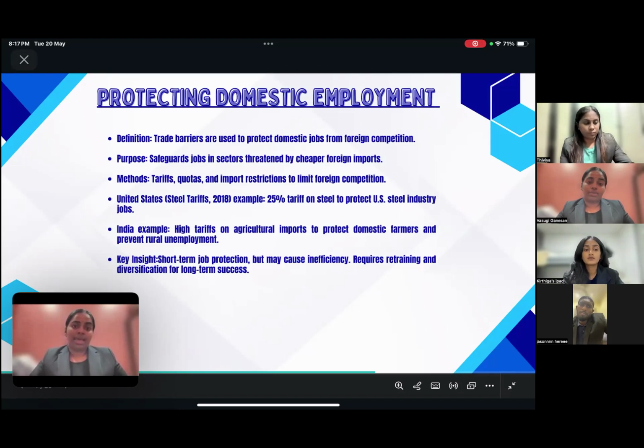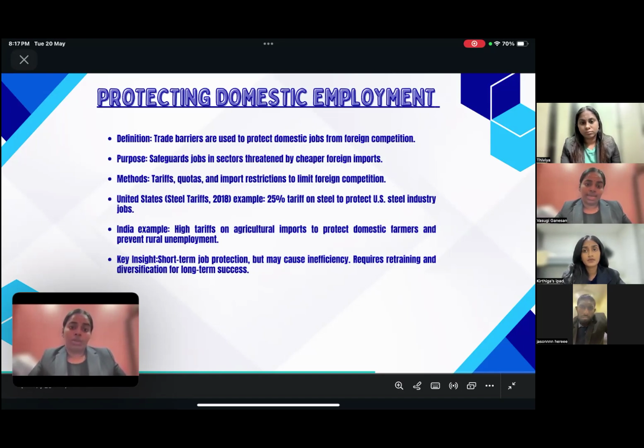Next, I'm going to explain short-term versus long-term effects. In the short term, tariffs protect jobs by reducing foreign competition, but without foreign competition, businesses may not innovate or improve, and that can lead to inefficiency and higher costs for consumers down the road.